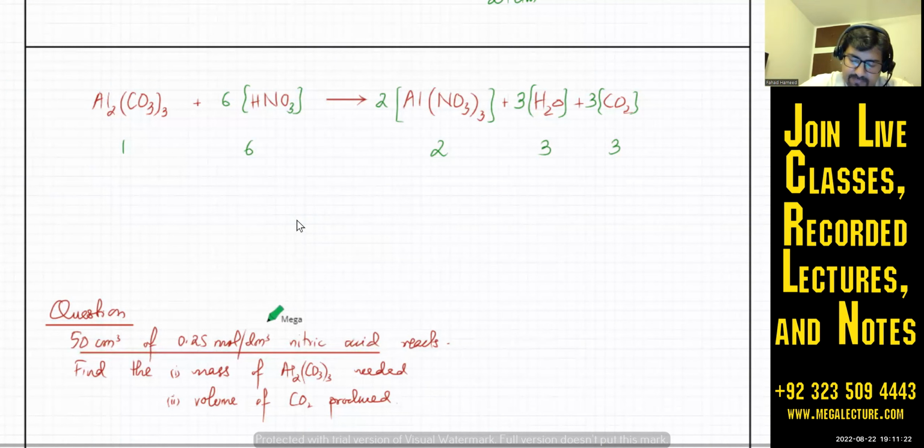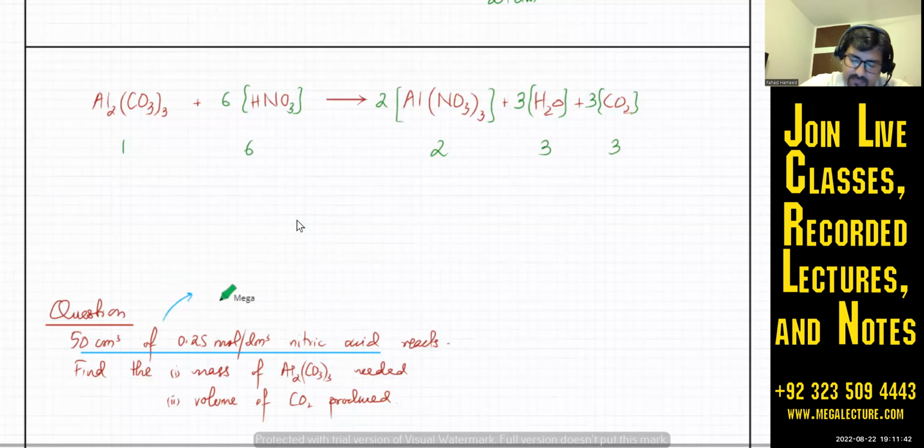So based on the data that's provided to you, you can figure out the moles of nitric acid. Solutions, when mole per dm cube, that's concentration. So when concentration is given, how do you find out moles?